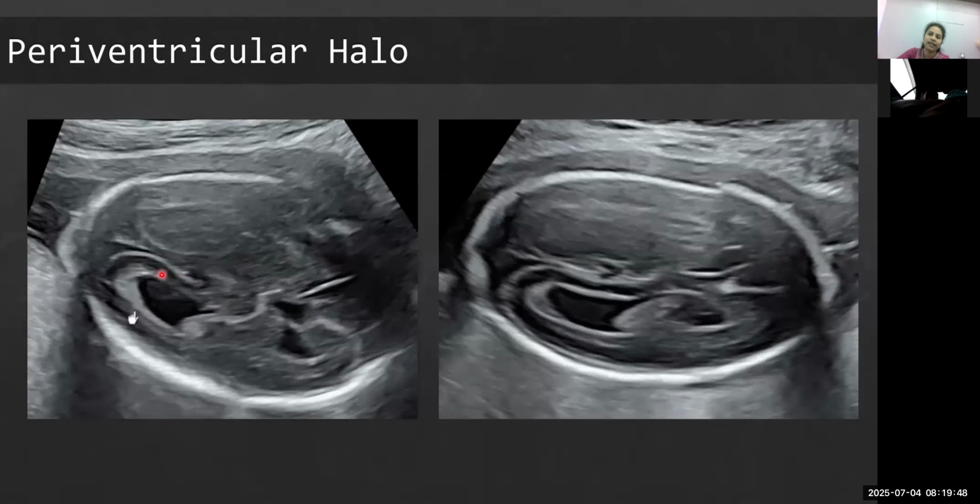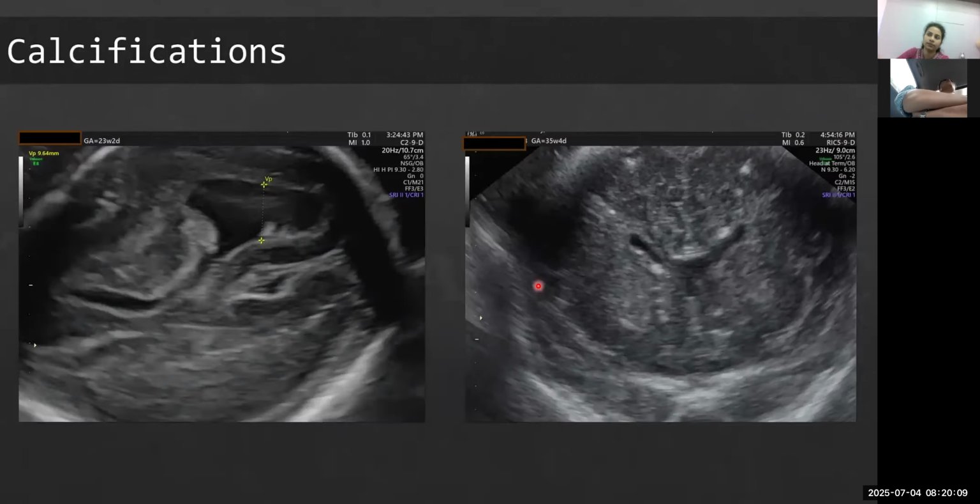There is one more sign which can be seen, the periventricular halo, which is seen as an echogenicity around the ventricles. This could be indicative of a CMV infection. Here also we can see the echogenicity around the ventricular wall. It can also have calcification. In this axial view, there is ventriculomegaly with calcification along the medial border of the ventricular wall.